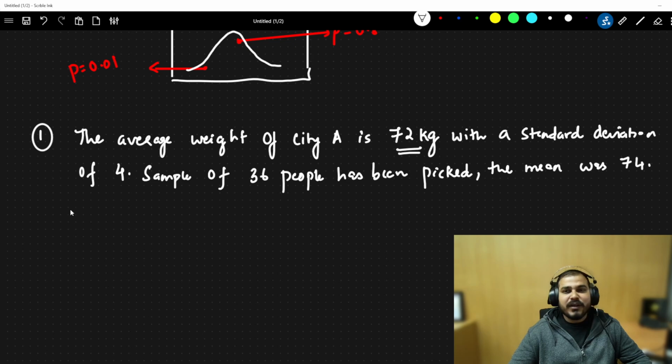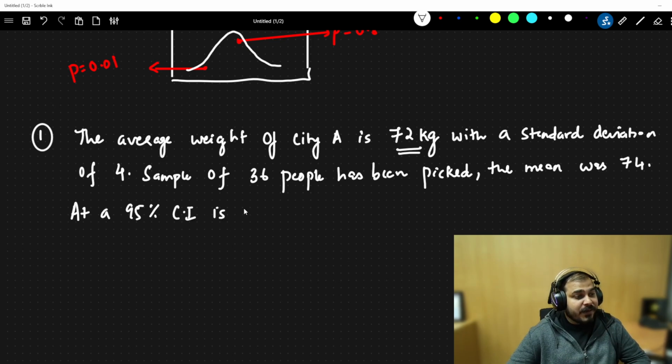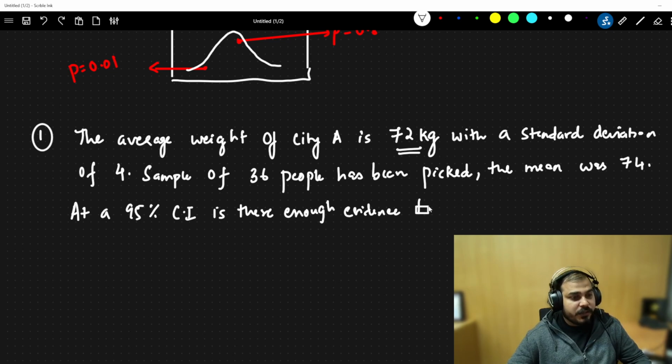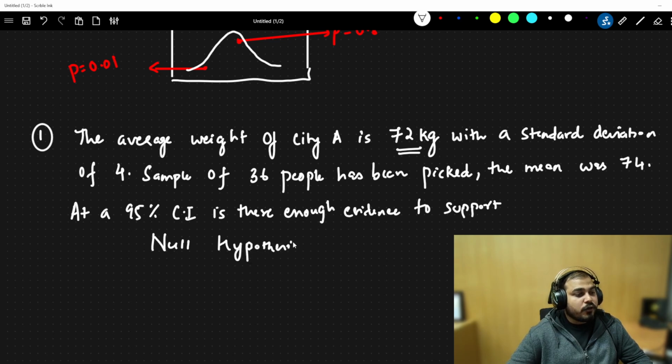So here I am saying that at a 95% confidence interval, is there enough evidence to support the null hypothesis? Now you may be wondering what exactly the null hypothesis is; I'll discuss it. So this is my question.